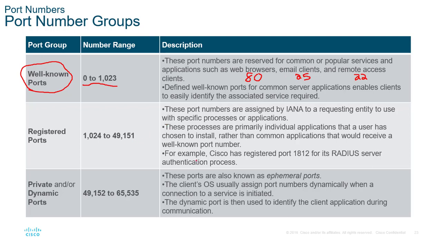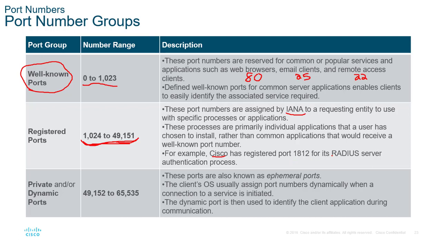Now, vendors of equipment and software can register their applications with the Internet Assigned Numbers Authority and have registered ports. These are network applications that are registered with IANA and have registered ports available for particular applications.